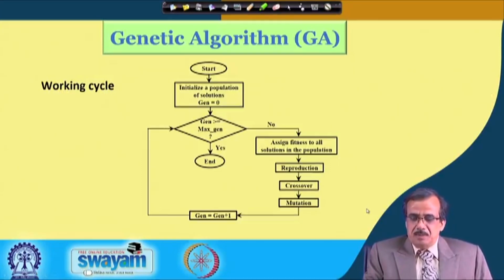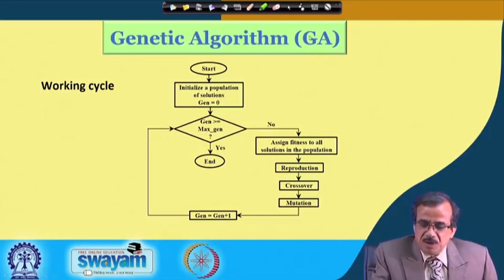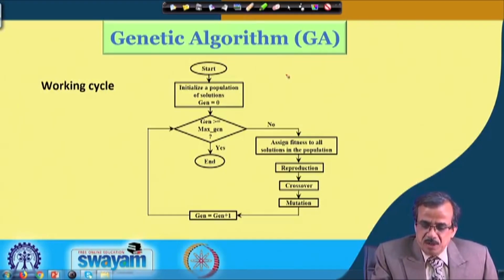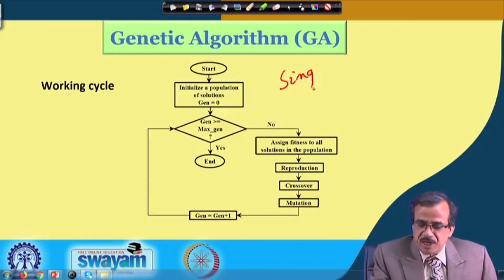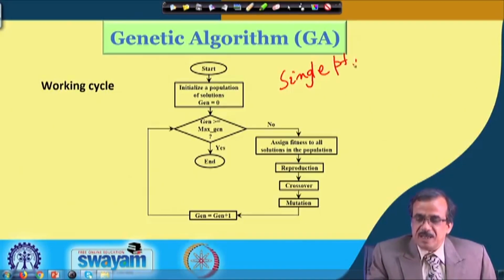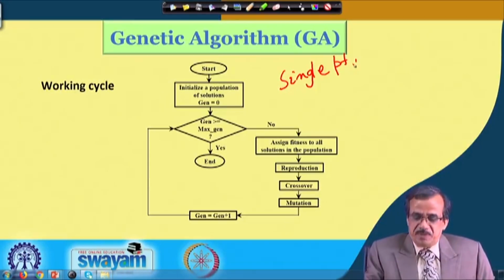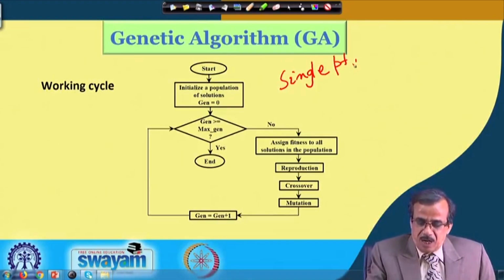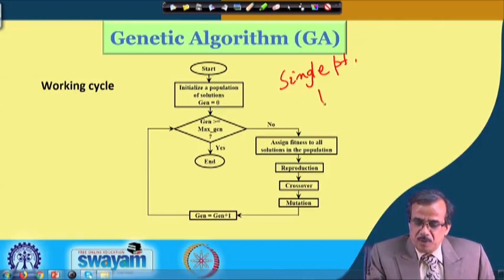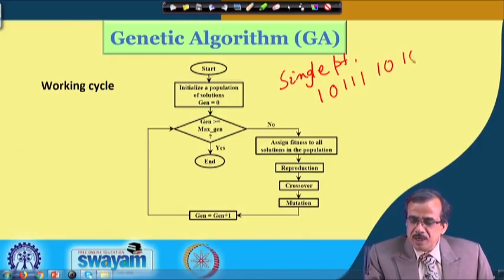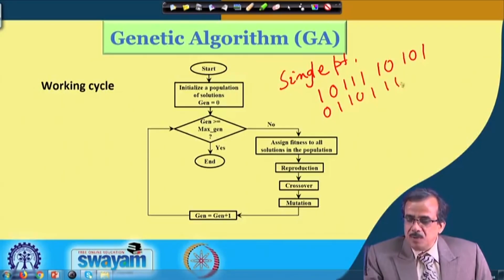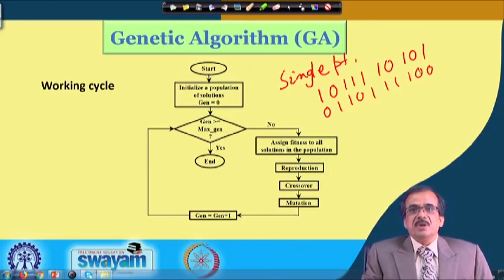Now, the principle of this single point crossover is very simple. Supposing that I have got two parents which are going to participate in crossover. One parent could be 1 0 1 1 1 1 0 1 0 1 and another parent could be 0 1 1 0 1 1 1 1 0 0.